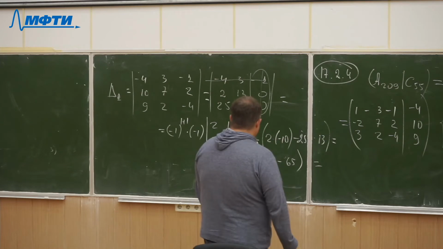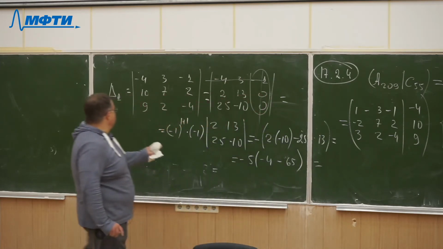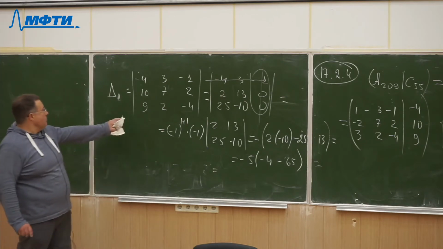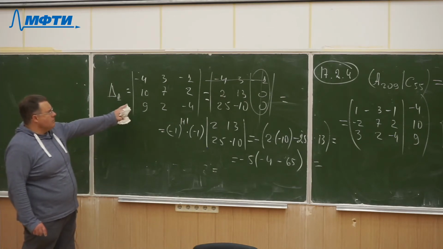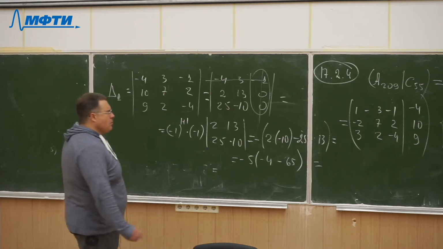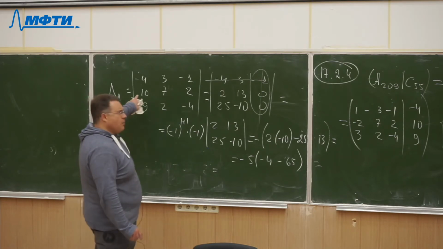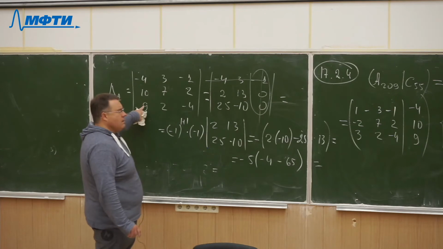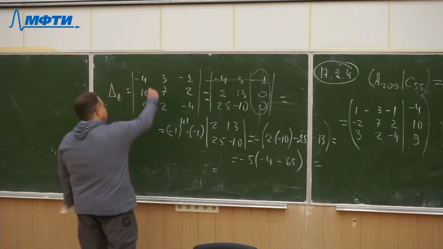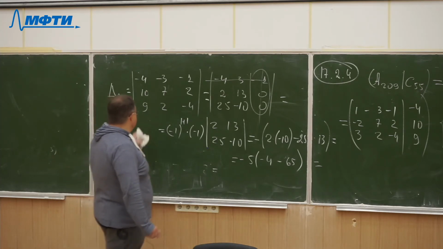In the first column, the element 2, 1. Means 4, 3, 1. One moment, please. Minus 4, 10, 9. Yes? Minus 3. Minus 3. 7, 2. I see.